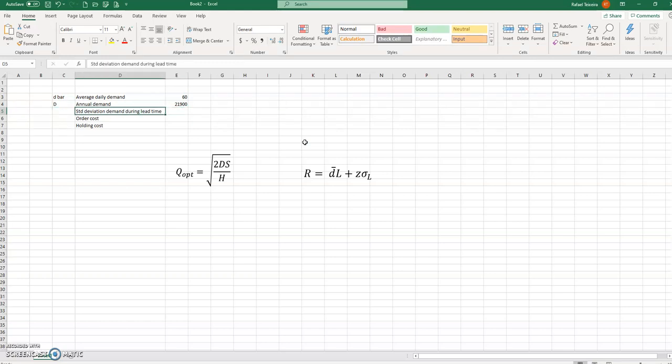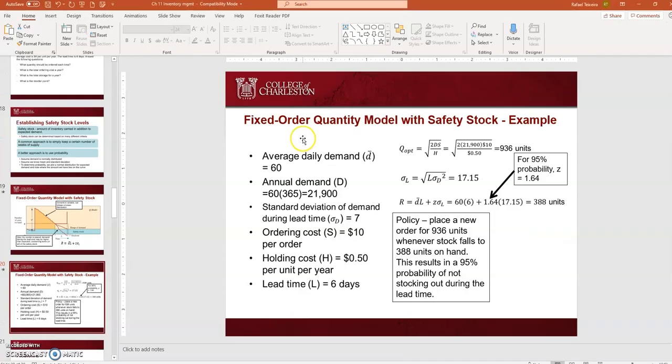We have the standard deviation during lead time. This is one new piece of information in this problem, standard deviation of demand during the lead time. So during the lead time, during the time we're producing, or during the time we're waiting for the supplier to deliver the raw material or the products, we have a certain demand, but this demand varies.